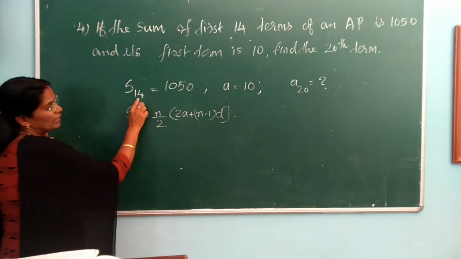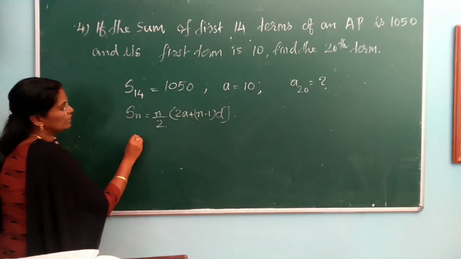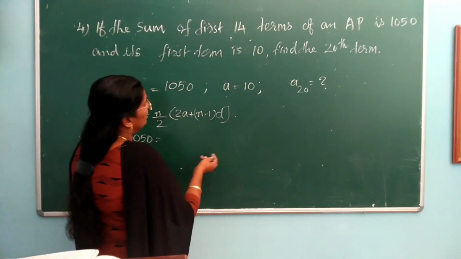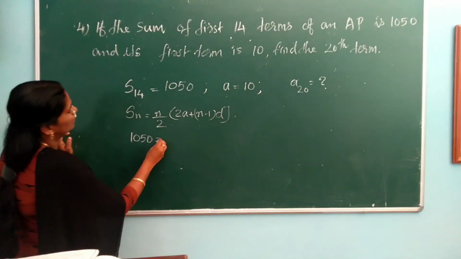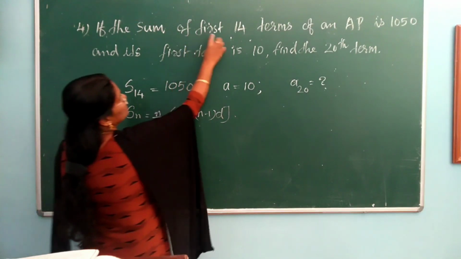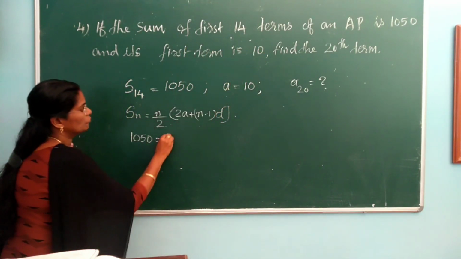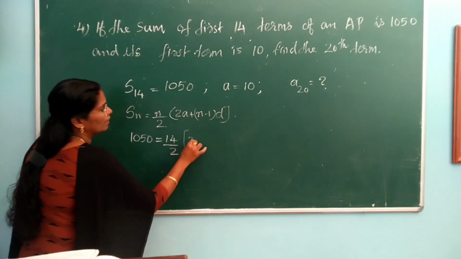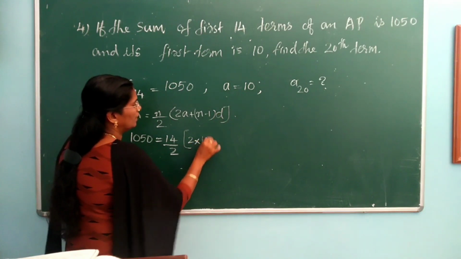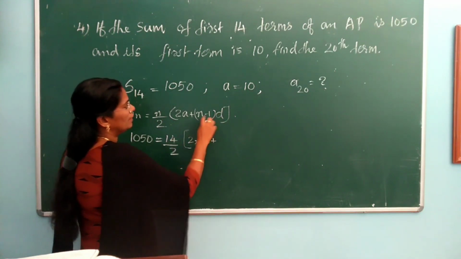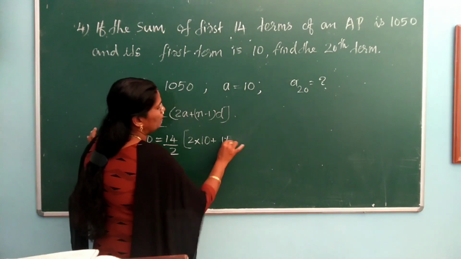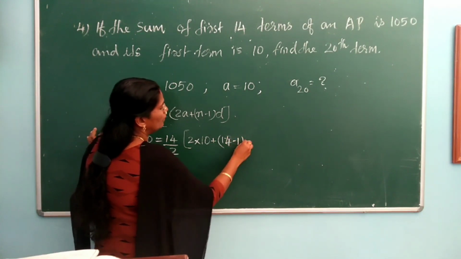Now S14, its value is given as 1050. N is 14. First 14 terms. So 14 by 2 into 2A. Value of A is 10. Plus n minus 1, 14 minus 1 into D.